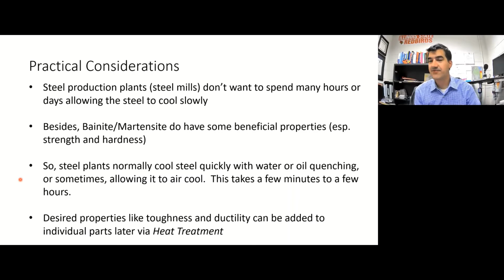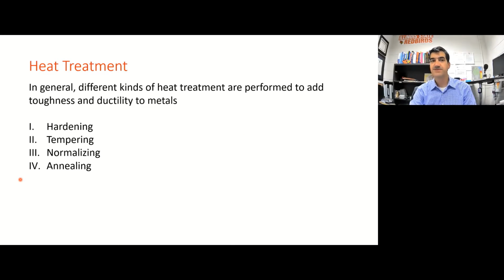And then after the metals distributor purchases it, a further heat treatment can be applied for the specific component that you want to use, because you might want specific mechanical properties for your component. So this is where the specific heat treatment applications come into play.